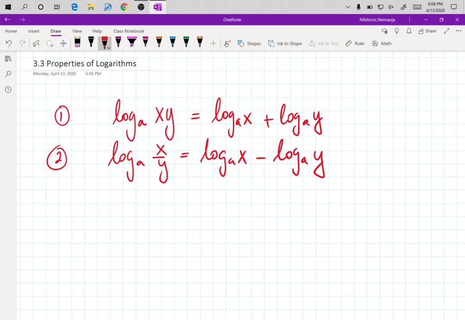And the third formula we are learning in this batch is log a of x raised to some power p is p log a of x.